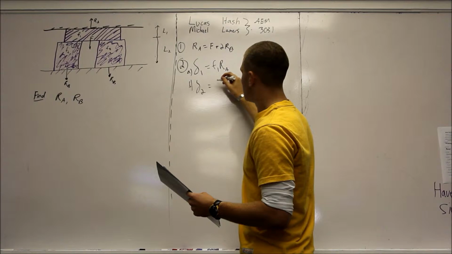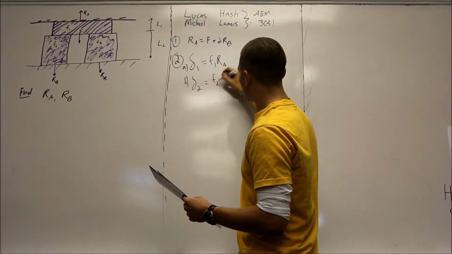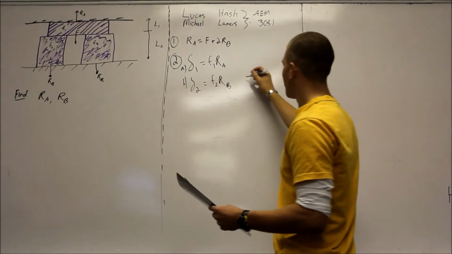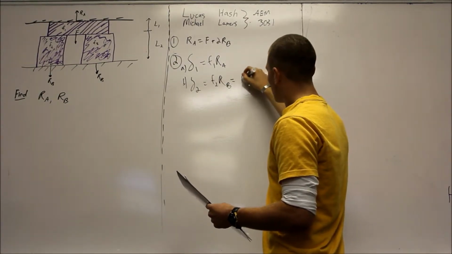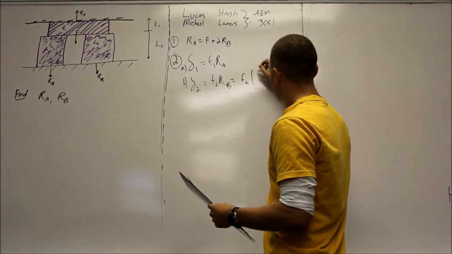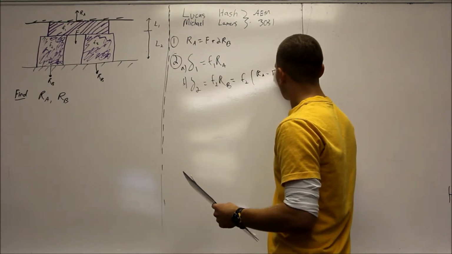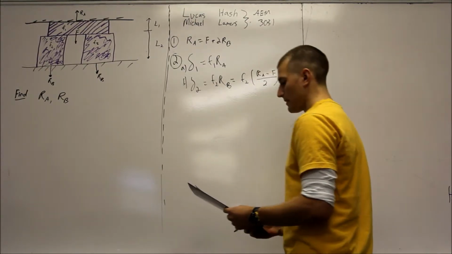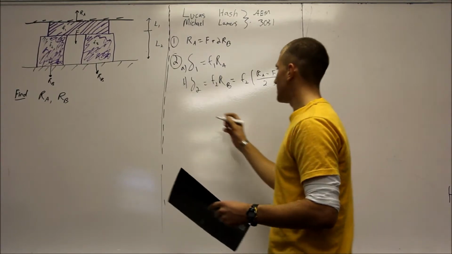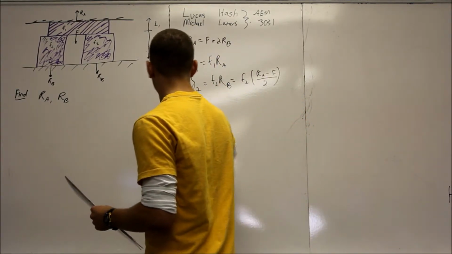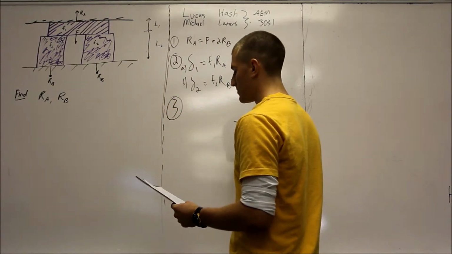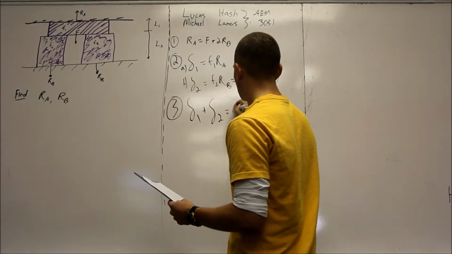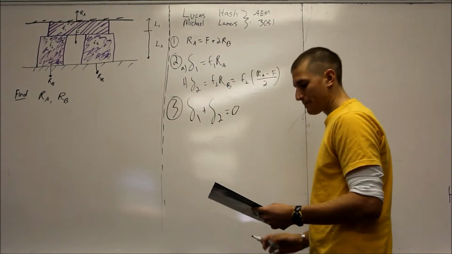Delta 2 is going to be equal to F2 times RB, or if we substitute in right away, this is also equal to F2 times (RA minus F), all over 2. Lastly, our compatibility equation, we'll call that number 3. It's going to be delta 1 plus delta 2 equals 0. They're equal and opposite, so pretty simple.